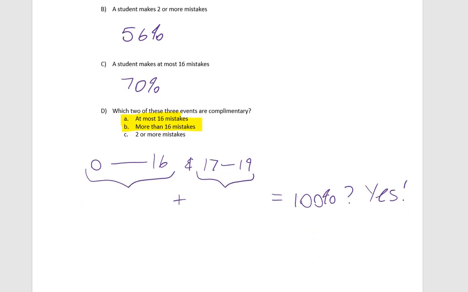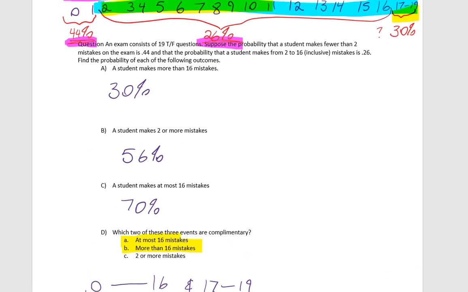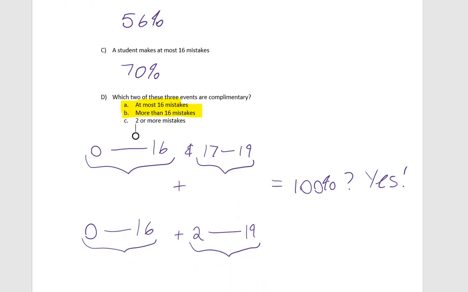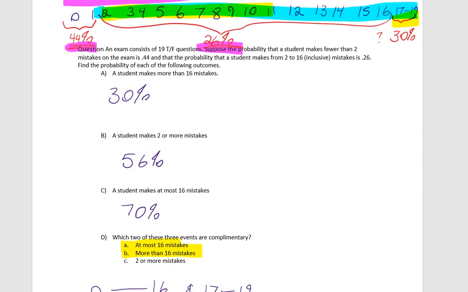An example of something that would not be a complement would be if a student made at most 16 mistakes or 2 or more mistakes. If we put at most 16 mistakes and then add 2 or more mistakes, well, the probability a student makes 0 to 16 mistakes is 70%, and the probability a student makes 2 to 19 mistakes is 56%.